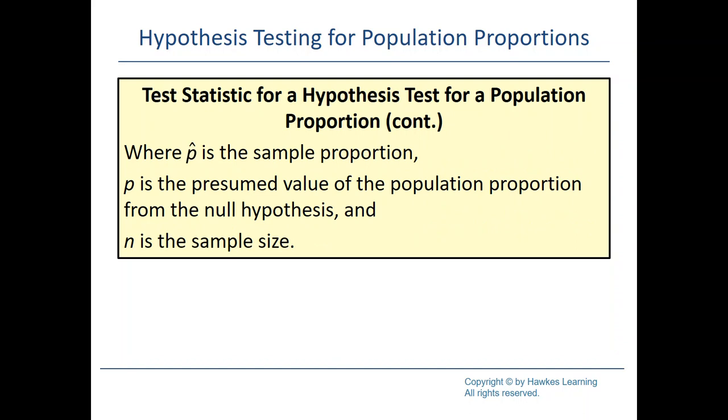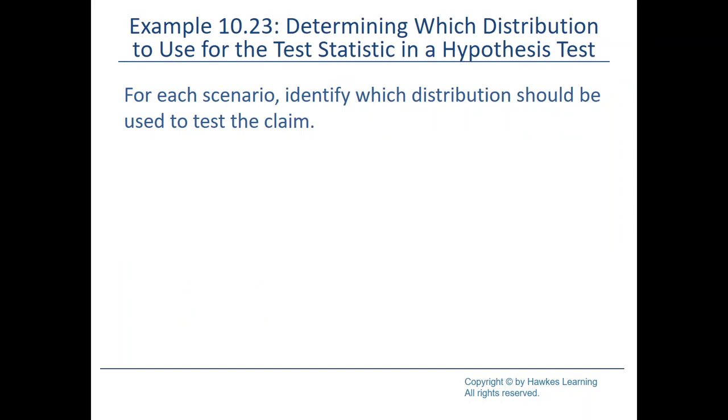P is the presumed value of the population proportion, and n is your sample size. Just a reminder of where p hat came from, because a lot of students forget: p hat came from x over n. And normally p hat is given as a fraction or a percentage.